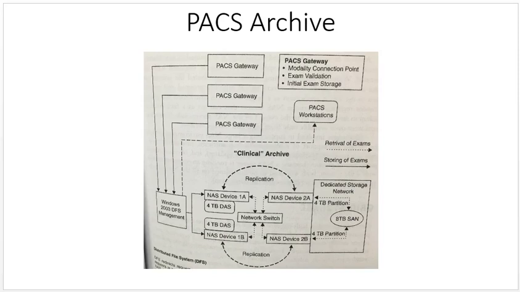Whatever's written down to NAS 1 node A is also written down to NAS node 2A. So there's replication between them, so that if you lose one NAS, you're still up and working. And then over here, you have an 8 terabyte SAN. This box represents the actual archive.